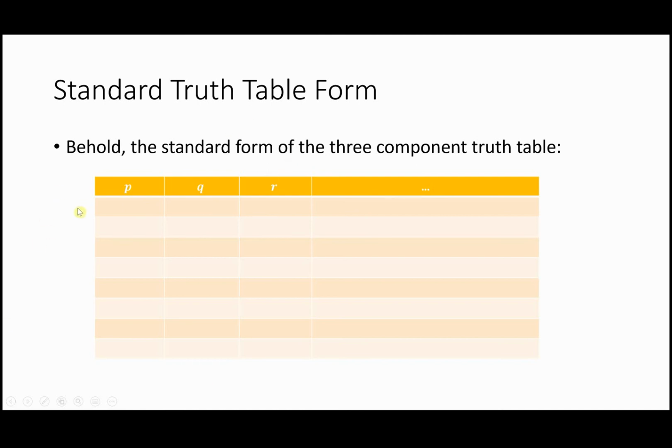Now, since there are 3 components, you need to have 2 to the 3rd power number of possibilities here. So notice in this blank truth table that you have on your lecture notes, this is the very first thing on your accompanying lecture notes that I hope you've already printed out, and if you haven't already printed them out, go ahead and press pause and do that for yourself.